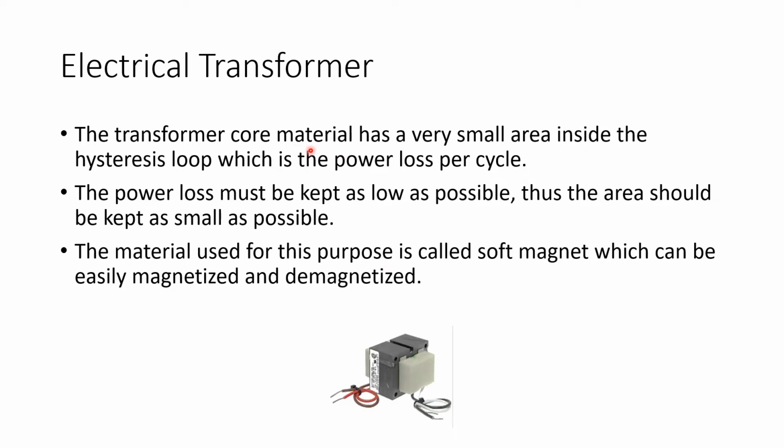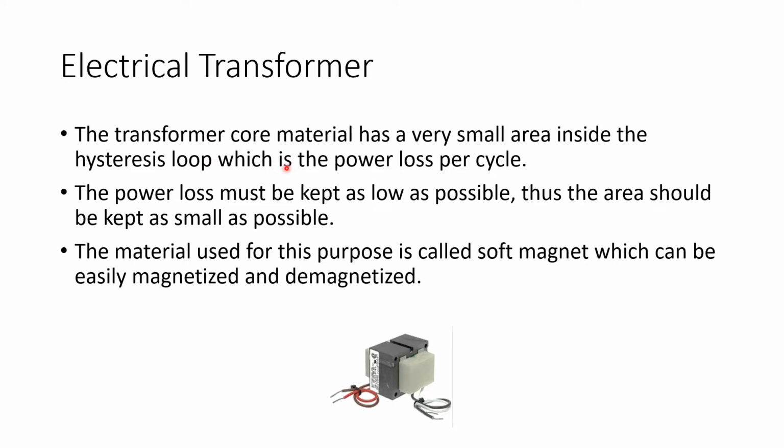Why? Because this material, the transformer material, they retain power. They don't let the power loose, okay? So the power loss is very low. Therefore, you can see the hysteresis loop area is very, very small. So since you want to save the power, you use a transformer.